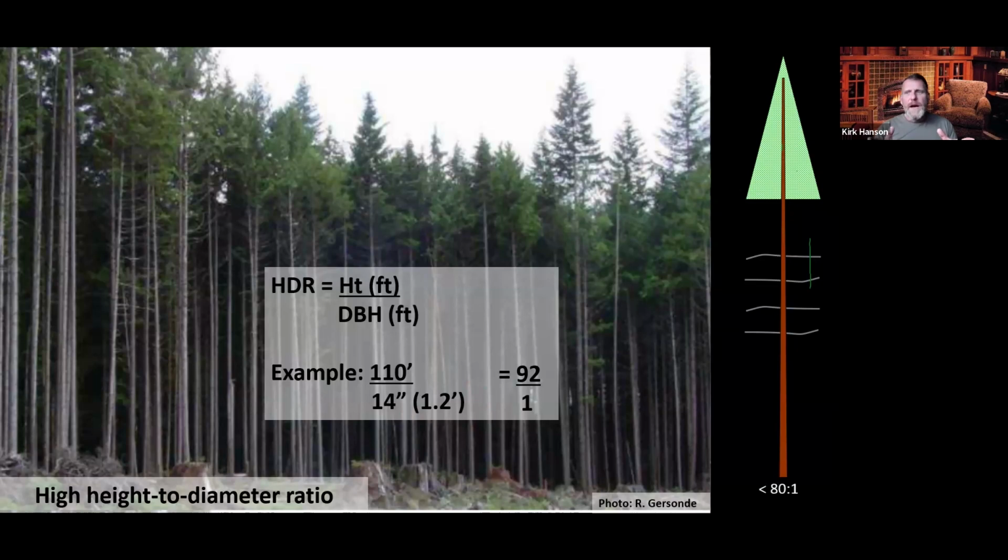And generally, trees that are over an 80 to 1 height to diameter ratio are considered very, very unstable within a stand. And if you have an entire stand of trees like this, like the one in the picture, again, that stand's very susceptible to different disturbance agents, in particular storms.